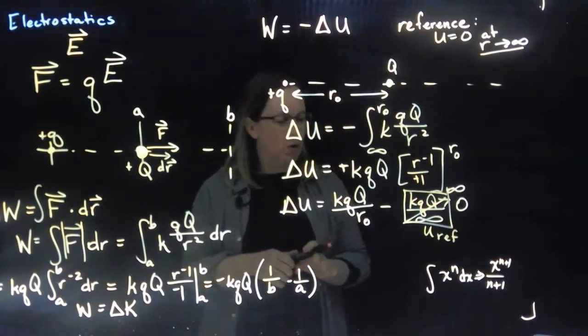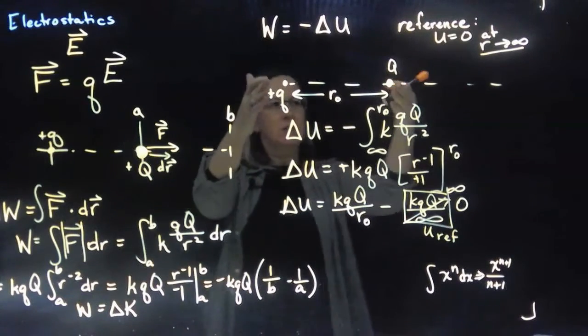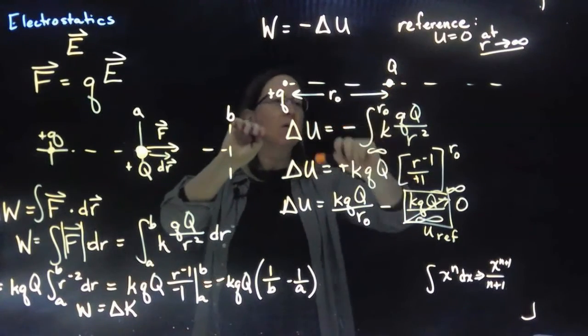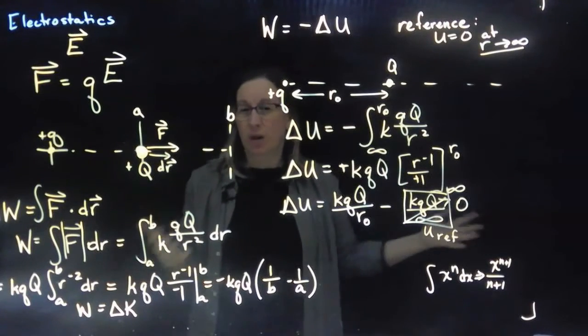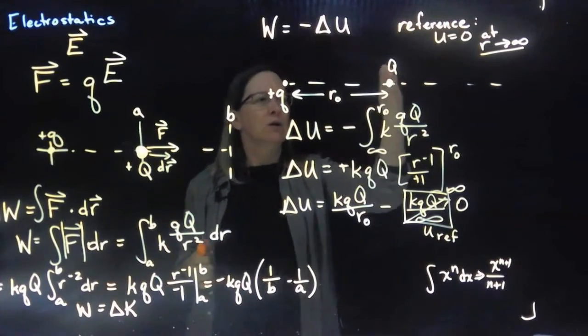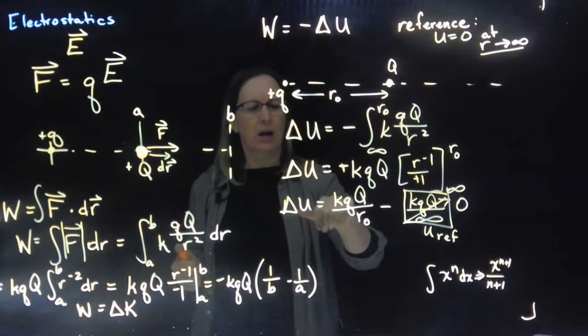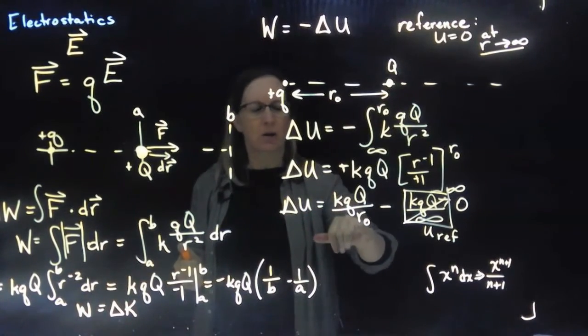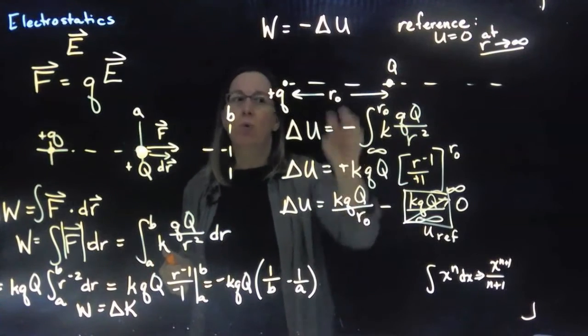So in general, when we want to talk about the potential energy of a system like this, we compare it to the potential energy when this is really far away, because there we don't think of it having any potential energy. So at this point, it has a certain amount of potential energy, kqQ over r0. If we come in even closer, that's going to be more potential energy.